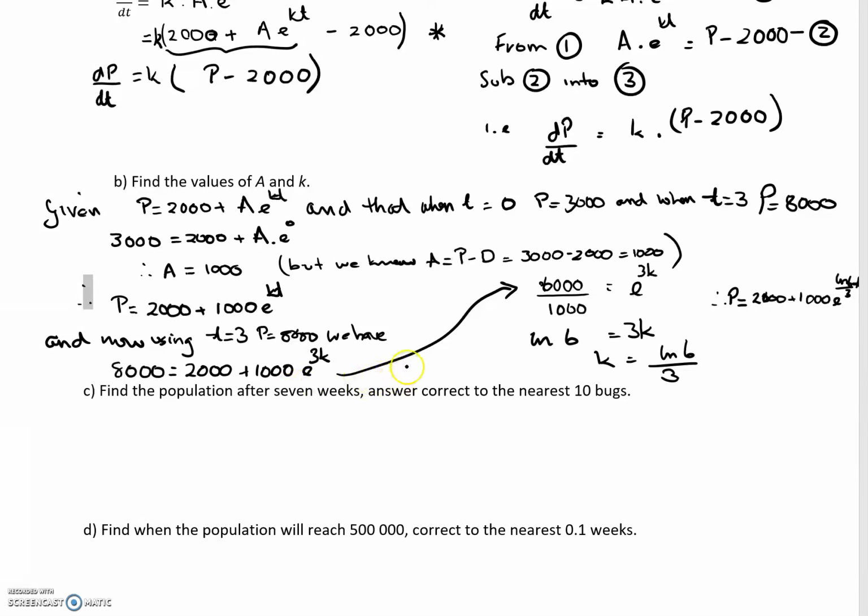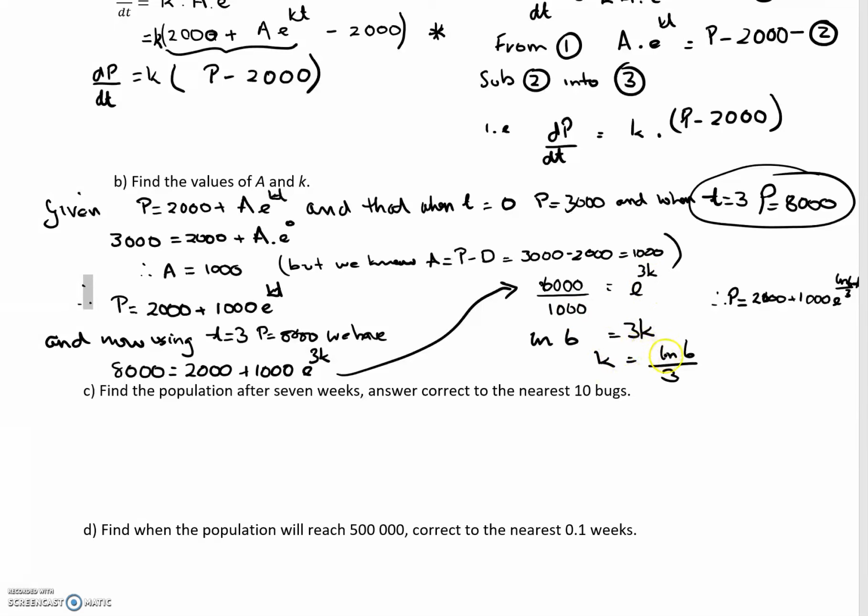We've subbed in our second piece of information. When T is equal to 3, P was 8,000, and we get 6,000 on 1,000 is e to the 3k.